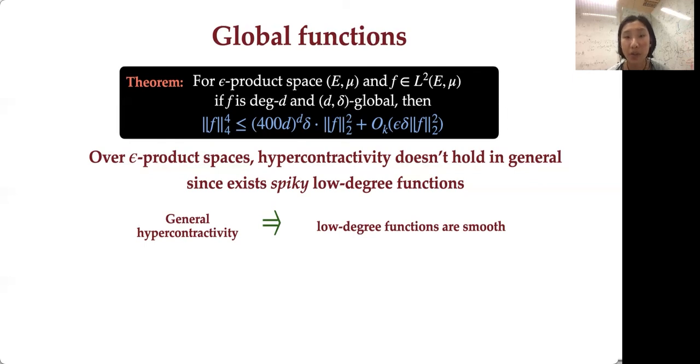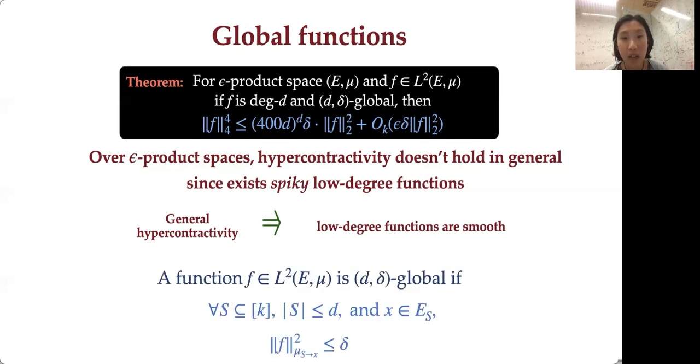Those are precisely the functions that we need to remove from our consideration, because we could not hope to show that they're smooth. So essentially, we require that all the functions we're considering have small correlation with the indicators of large subcubes. The precise definition is given here, but it just captures the intuition that I was just talking about.